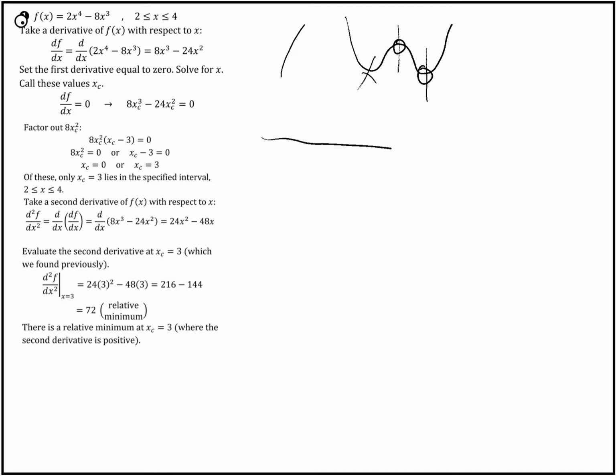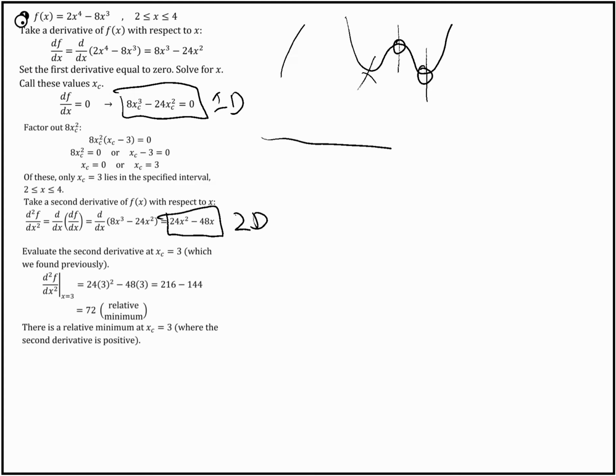So what you're going to do with those values is you're going to plug them back in to the second derivative. And then it's going to tell you if it's a maximum or a minimum. So now that you have the derivative, take the second derivative, which is going to be equal to this. And now that you have a second derivative, plug in x is equal to 3.